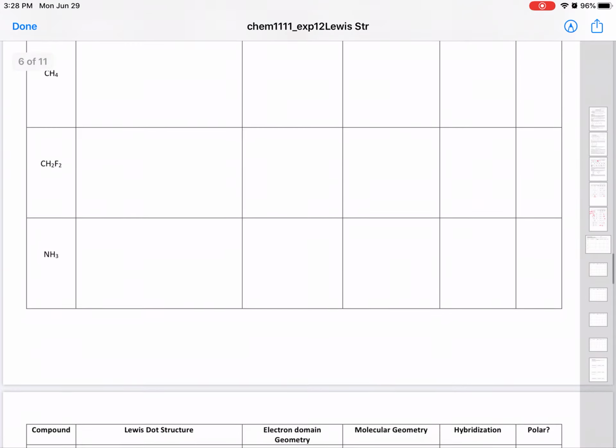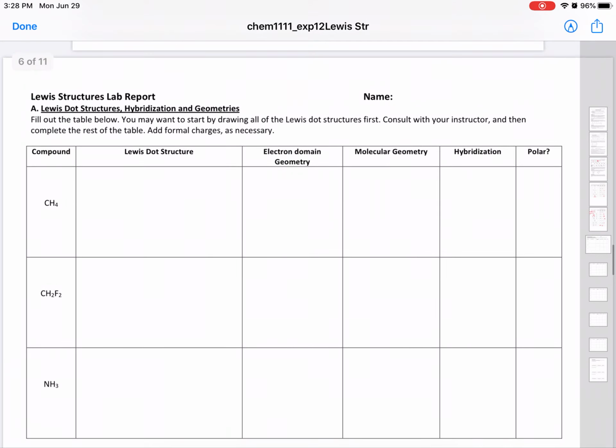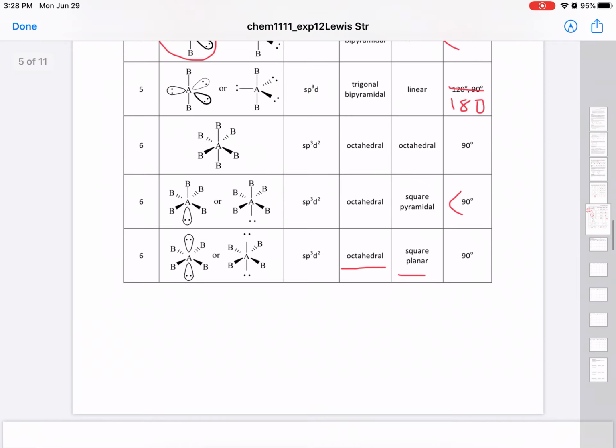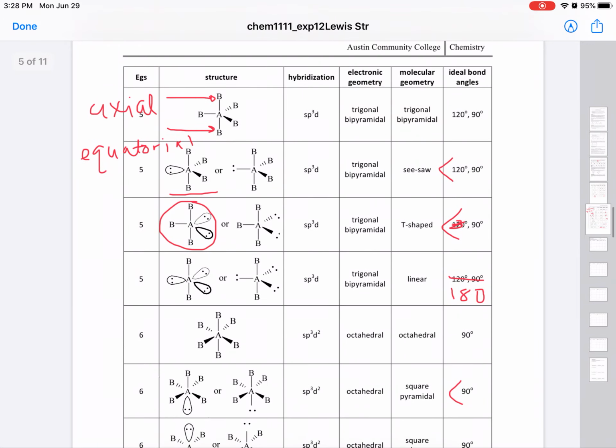Now with that in mind, what you need to do in this handout is draw the Lewis structure of these molecules and then say what the electron domain geometry is by counting the number of electron groups.